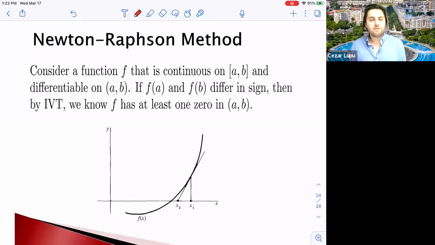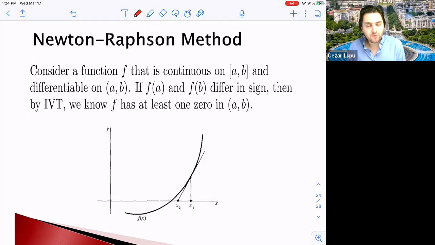So we consider a function f that is continuous on the closed interval [a, b] and differentiable on the open interval (a, b), right? And here comes the trick, and we need to pay attention here.